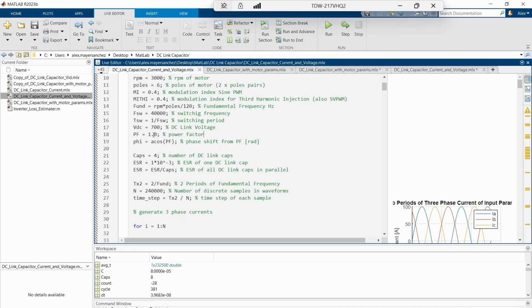This is the power factor of the load. For a purely resistive load, it would be 1. For a motor, not necessarily purely resistive, I'll get to that in the third video. Purely resistive load is 1, purely inductive load would be 0.